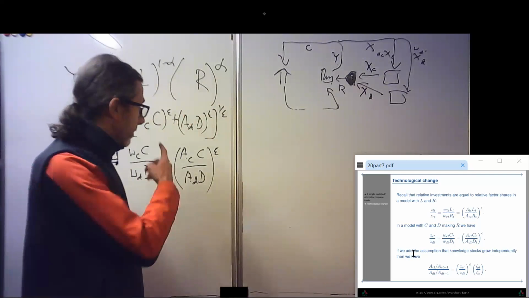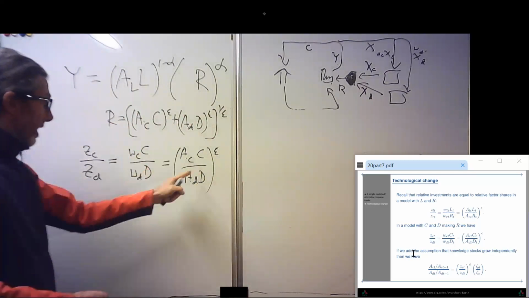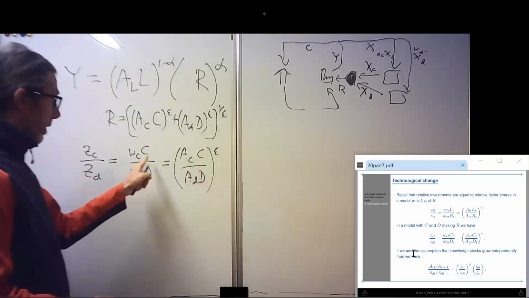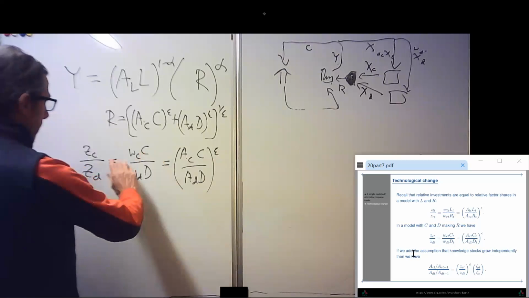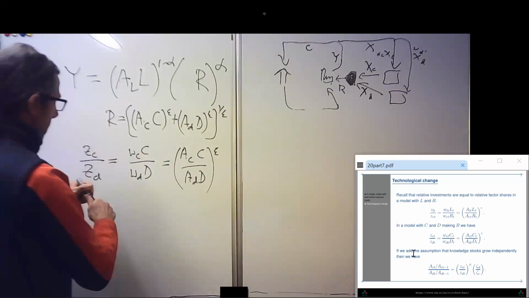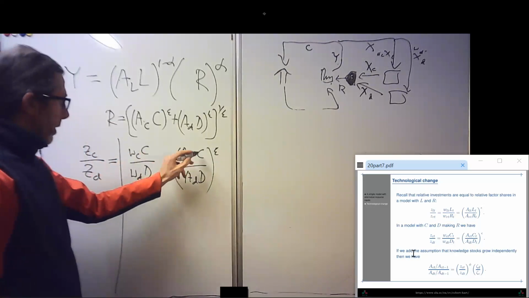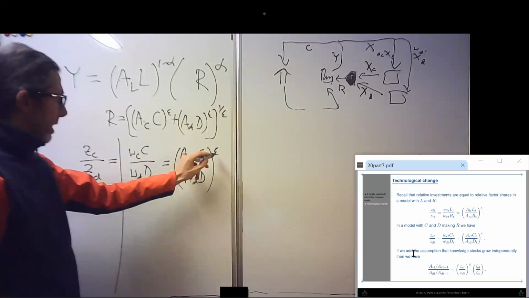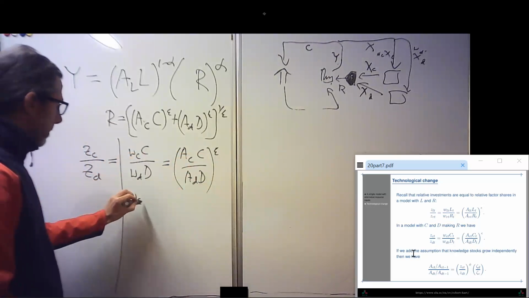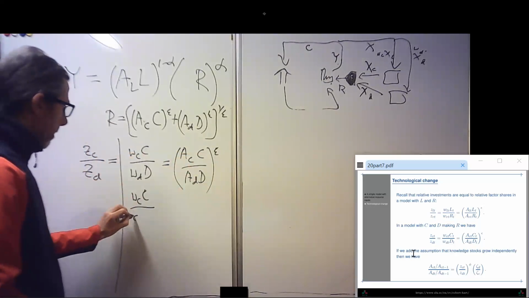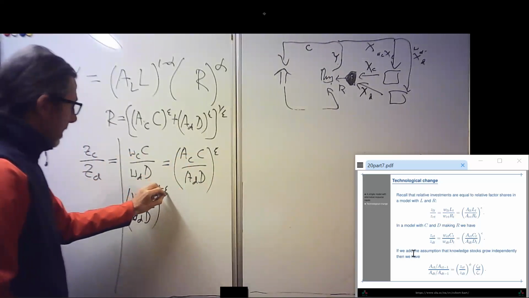If we want to treat prices as exogenous rather than quantities, then we need to do the trick that I did before. We want to get rid of this C and D. So forget this for now, and just look here. We multiply both sides by C over D to the minus epsilon, and we want to keep this like this, so we multiply both sides by WCC over WDD to the minus epsilon.